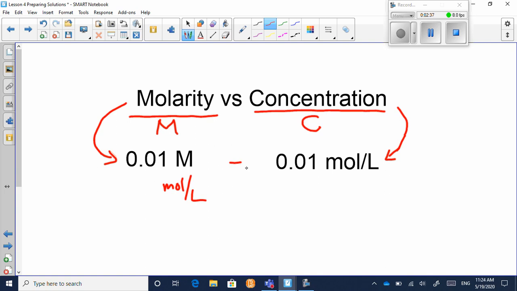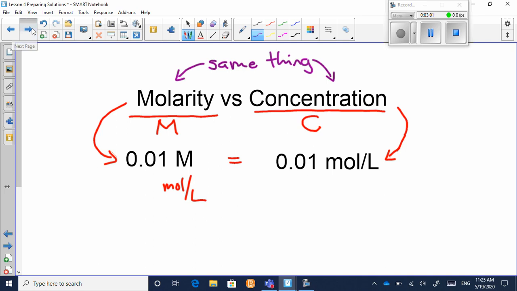So technically, molarity and concentration are the same thing. I'll just put a little note here that says same thing. If you ever hear the term molarity, really they mean concentration.